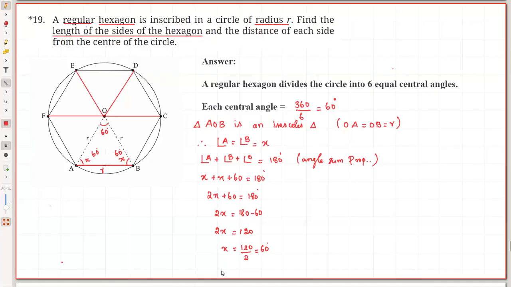Here we are getting X is equal to 60. Therefore, all the angles are equal, so I can say triangle AOB is an equilateral triangle.